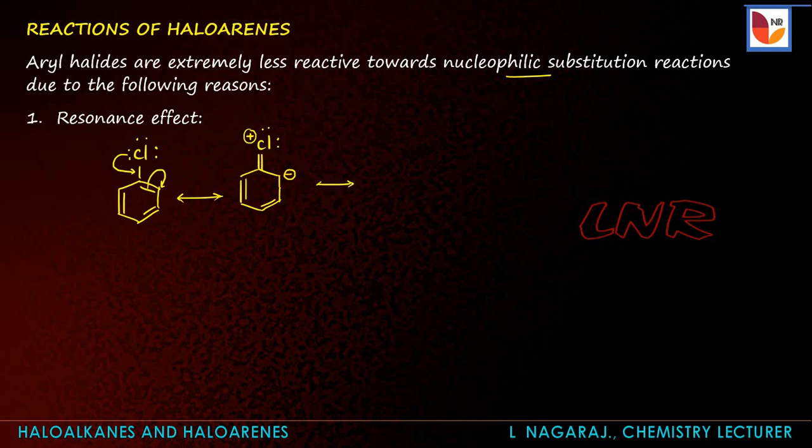Again this negative charge undergoes delocalization, shifting to the next carbon atom, and the double bonded electrons shift to the next adjacent carbon atom. The obtained resonance structure is written with a negative charge on this carbon, double bonds here, double bond Cl, and a positive charge on the halogen.